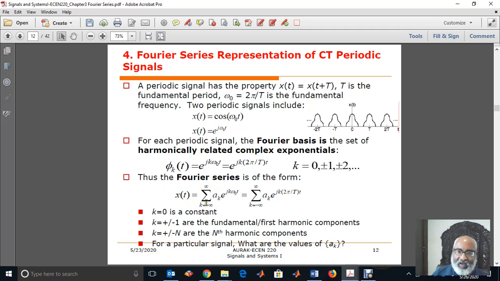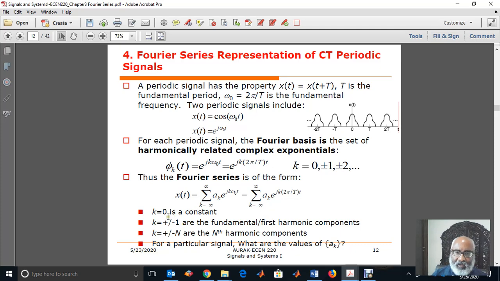And by adding all those frequency components, we can synthesize the original x of t using this formula.